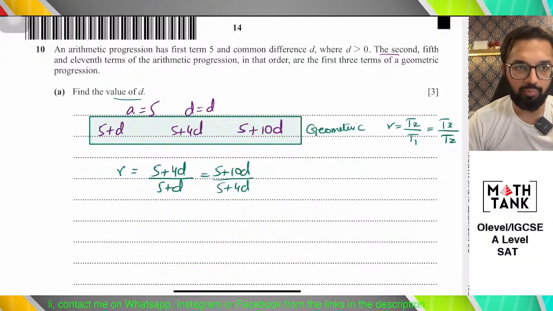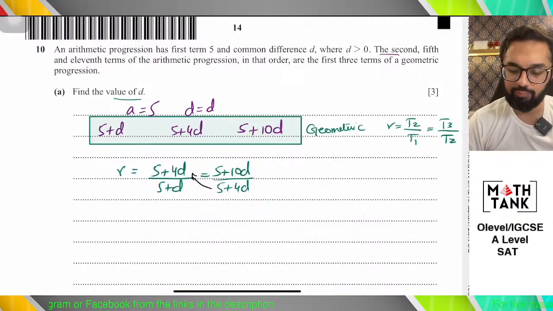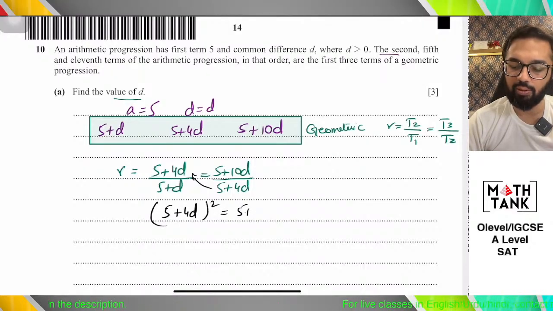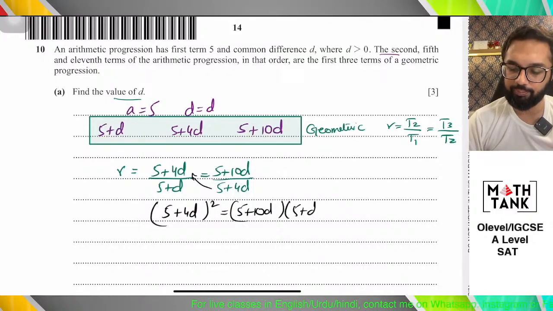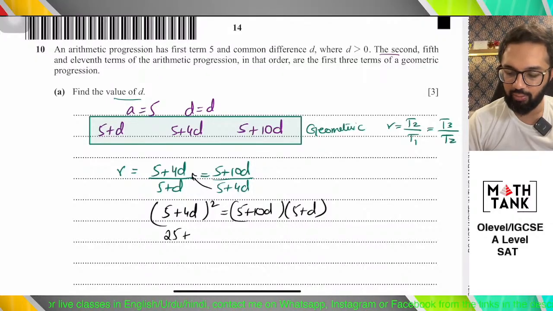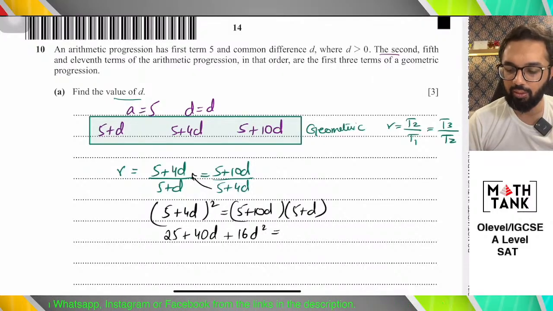You cross multiply: (5 plus 4d) whole squared equals (5 plus 10d) into (5 plus d). 25 plus 40d plus 16d squared equals 25 plus 5d plus 50d plus 10d squared.